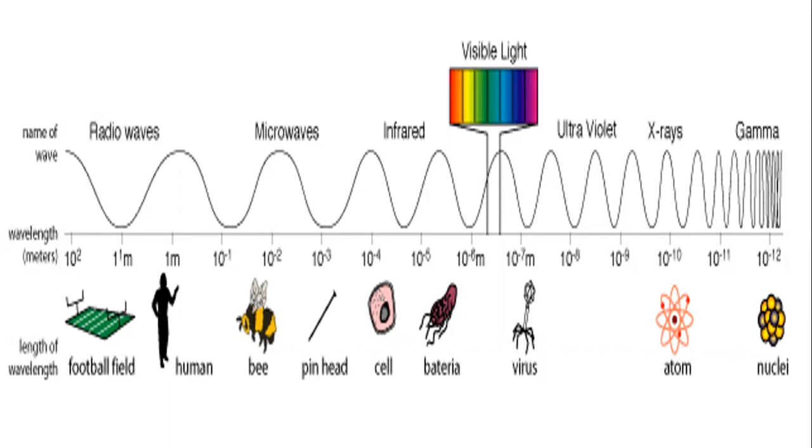Okay, so the range of frequencies of radio waves is between 10^5 and 10^12 hertz, or waves per second.